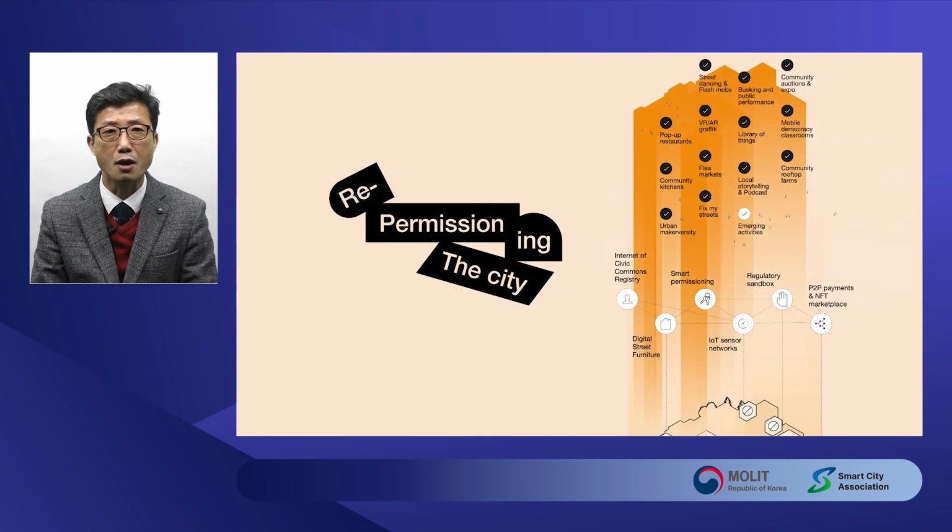Next is Re-Permissioning the City project led by Daegu. Re-Permissioning the City is a smart permission platform that enables the citizens in real time to share and use civic spaces of 1,000 empty houses in the city. A smart permission platform enables citizens to access and utilize urban spaces for all civic activities.